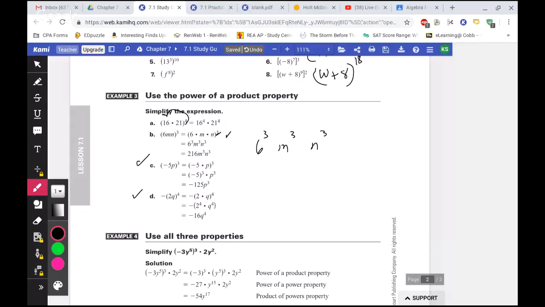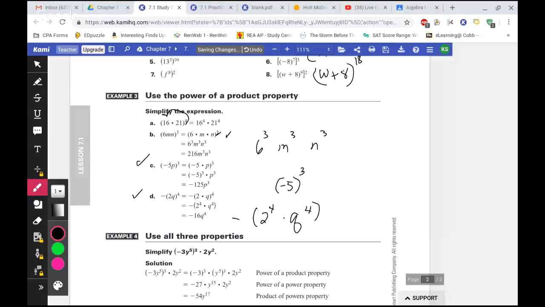That negative is on the negative 5. So if I were entering this in my calculator, I would still enter parenthesis, negative 5, close parentheses, raised to the 3rd power. That's very different than this one down here. This one is, what is the opposite of 2 raised to the 4th power times q raised to the 4th power?